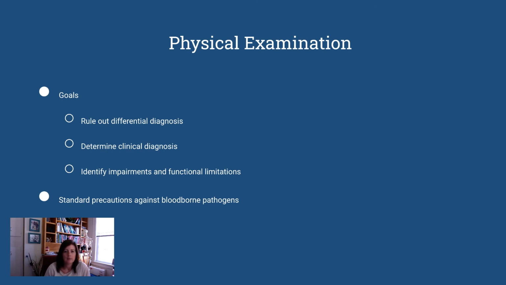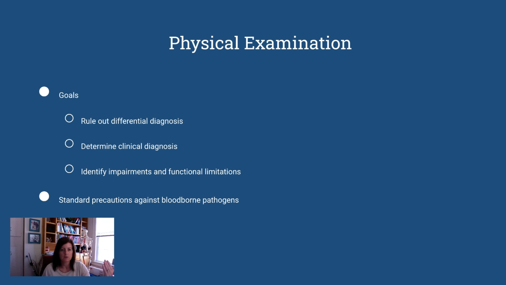In terms of the physical examination, basically the goal here is to take all of the information that you've obtained from their history, and now you're going to fine-tune that physical examination, and you're going to say, okay, what do I need to do to rule in or rule out possible diagnoses?